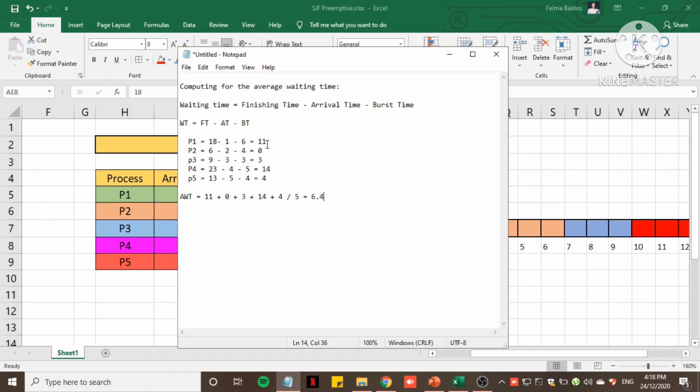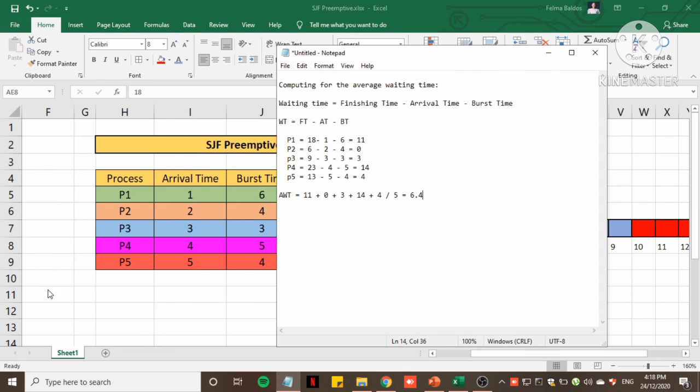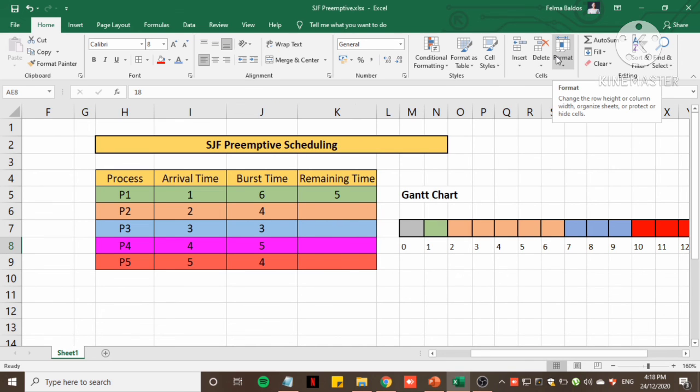So here, the given 11 plus 0 plus 3 plus 14 plus 4 is equal to 32. And then let's divide it by 5, and the answer is 6.4. So these 5 processes have an average waiting time of 6.4. So this is SJF preemptive scheduling. Thank you for listening.